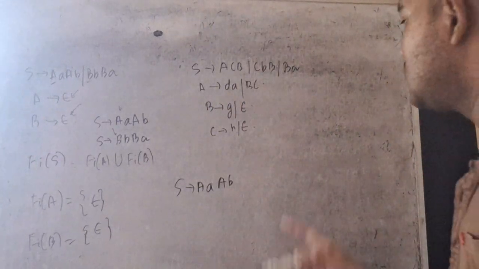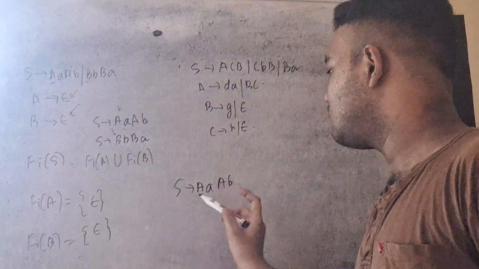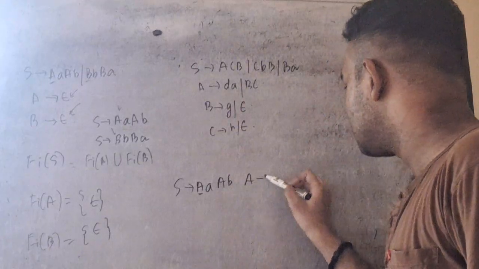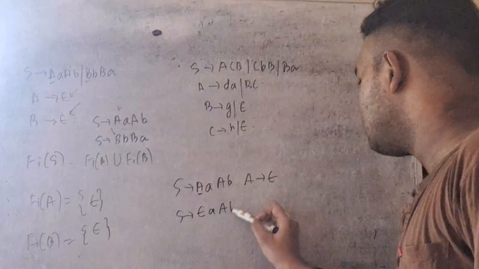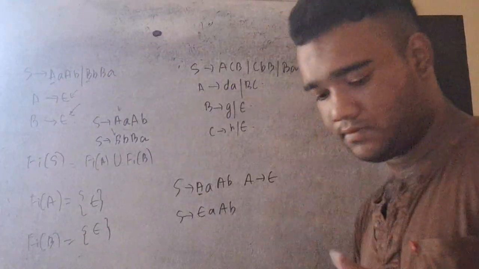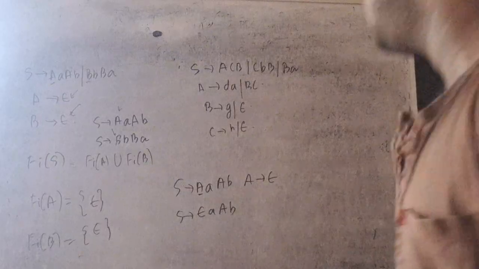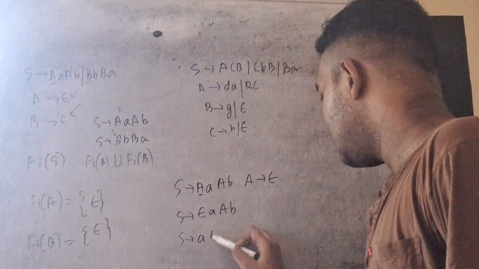If I substitute null not over here but only over here, so if I substitute A tends to null like this, what will I be getting? S tends to null A B, right? So null A B will finally boil down to S tends to A B.